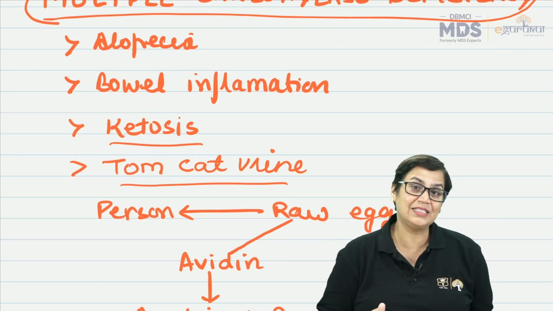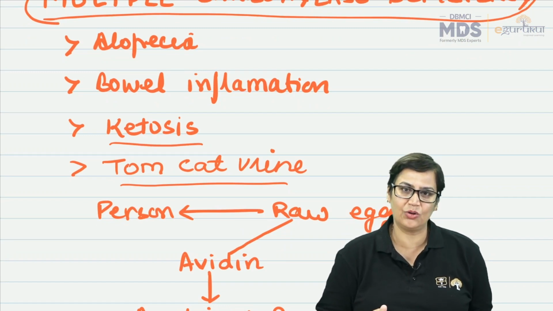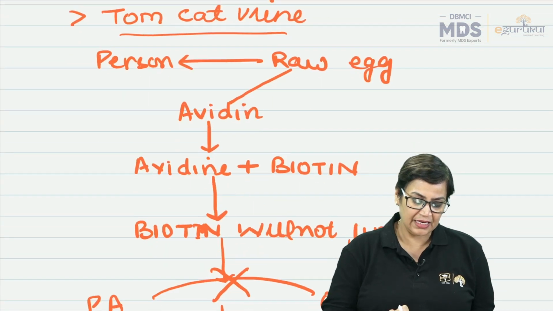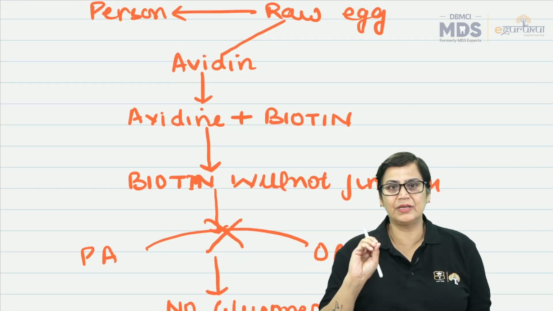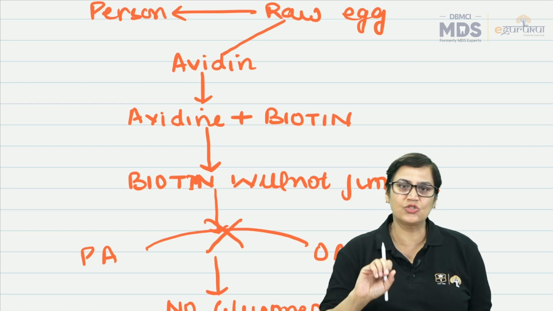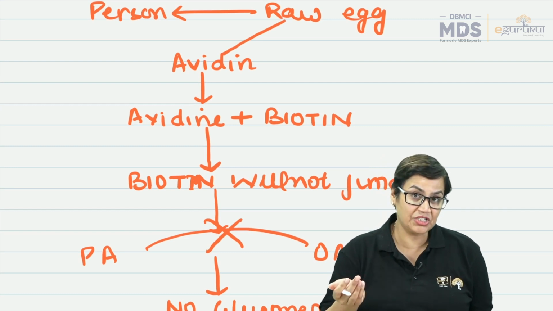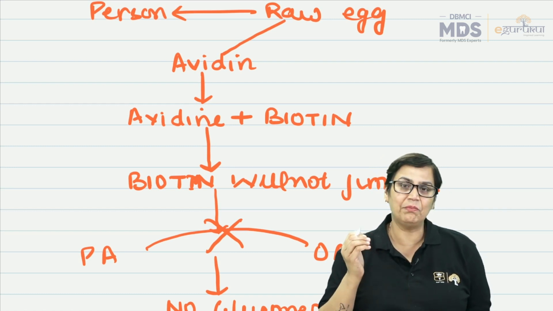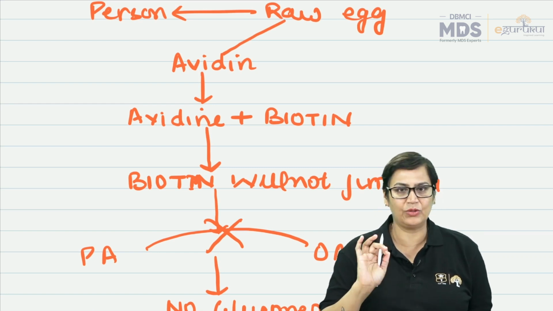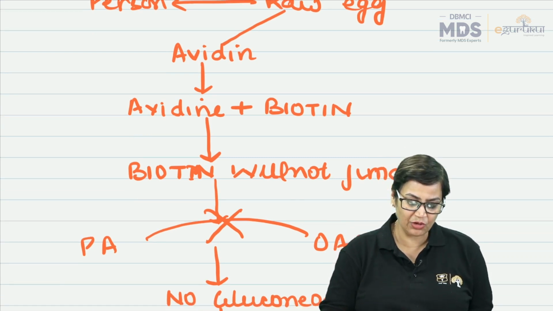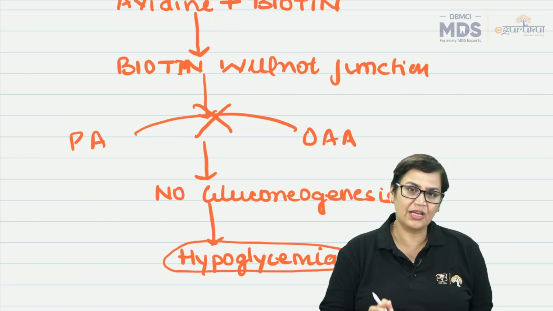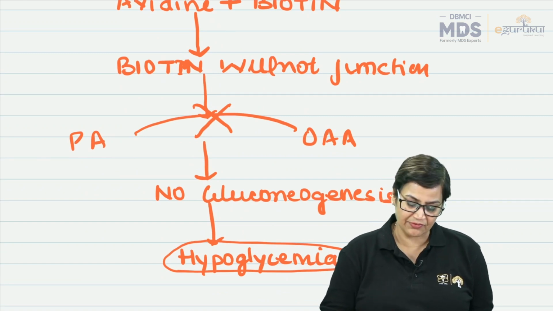So that is why it is known as tomcat urine disorder also. And then this is also very important. If a person is consuming raw egg, he has to be put on biotin supplementation. Otherwise, avidin will block the action of biotin. So biotin will not function, and wherever it is required, those reactions will suffer.